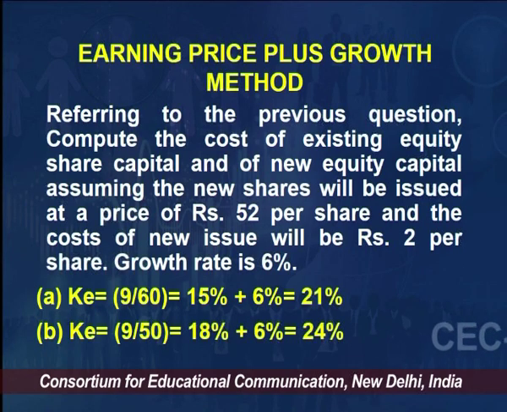So 18 plus 6 becomes 24%. That is how we calculated two situations, the same question under the earning price method and the earning price plus growth method. So this was the second in the row, otherwise the fourth in total out of the 5 methods.